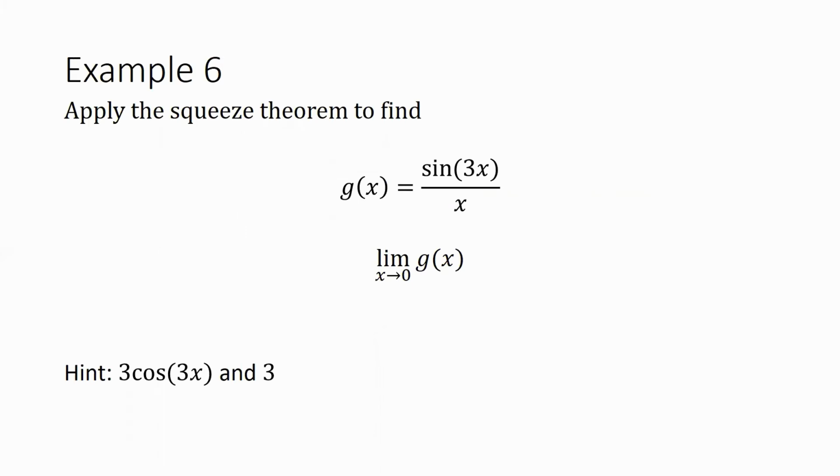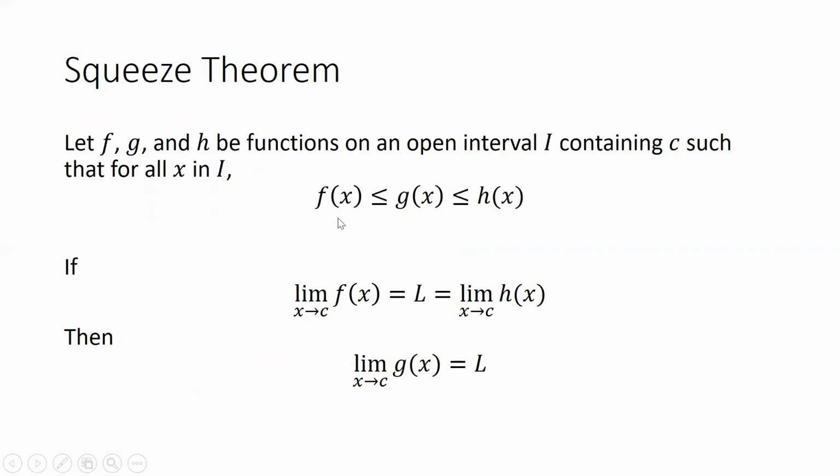Now, that on its own sometimes is hard to do, but as far as this example goes, we give a 3 cosine 3x and 3 as our values that will bound sine of 3x over x. So this one has a hint already implied with it. Whereas obviously coming up with these lower and upper functions, you have to be a little bit clever in certain instances.